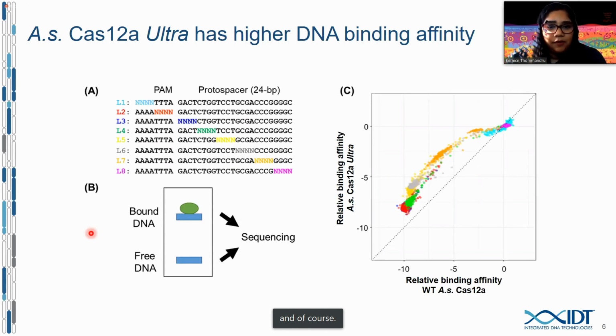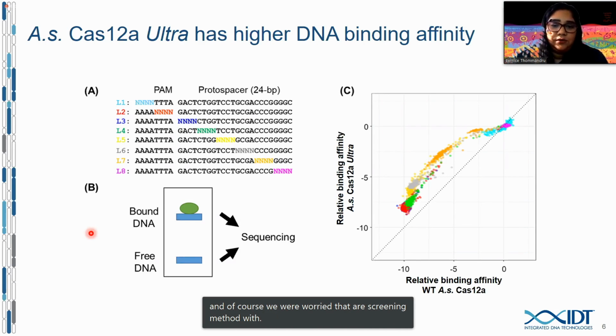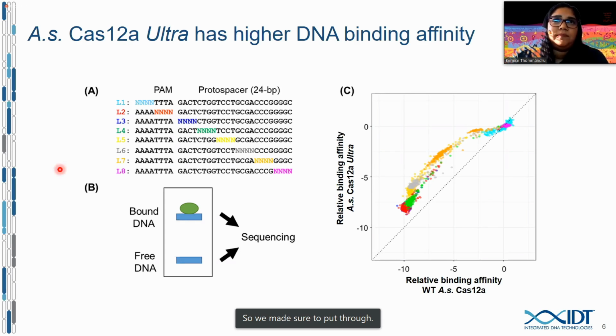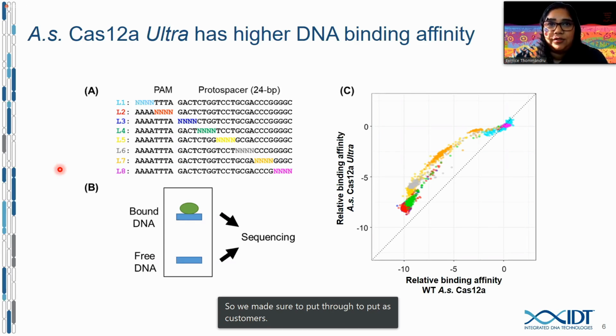And of course, we were worried that our screening method would lead to loss of that attractive specificity that Cas12a has, or that it would change the PAM binding. So we made sure to put AsCas12a Ultra through some DNA binding assays.